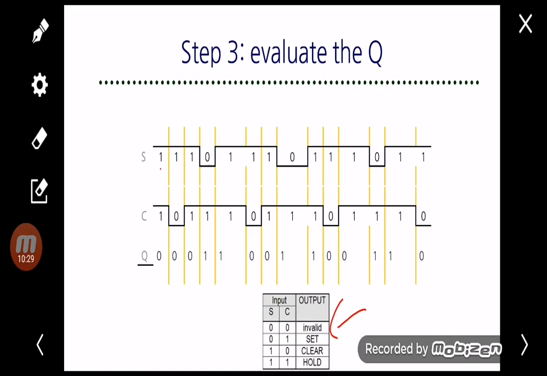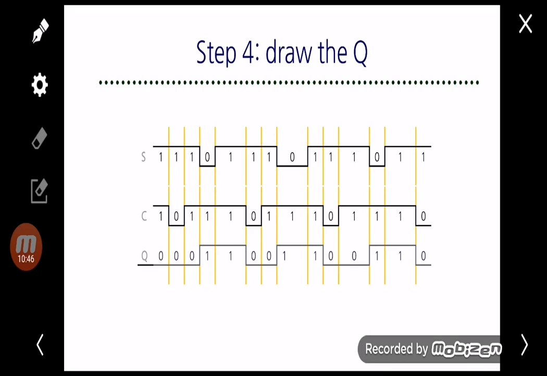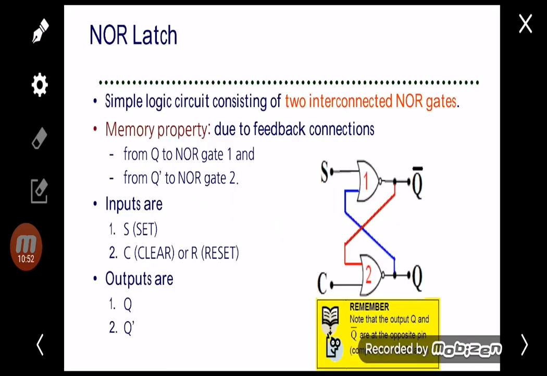So we know 1 1 will get hold, 1 0 we get clear, 1 1 we have hold again, and then 0 1 we get 1, and so on. And then after you write down the values, you draw the Q. This is the Q for the timing diagram.